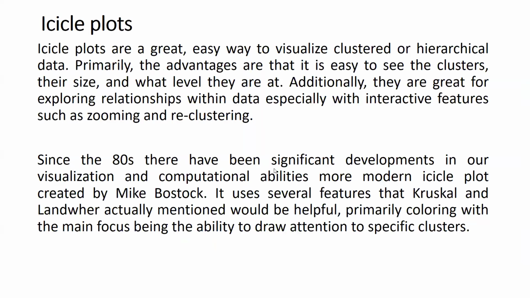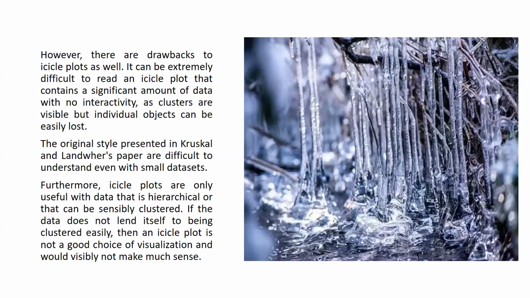Means you can see this is one cluster and this is a very broad band comparatively. The cluster is visible and well defined, but there's a chance objects can be easily lost. The original style presented in the Kruskal and Landwehr paper is difficult to understand with small data sets.